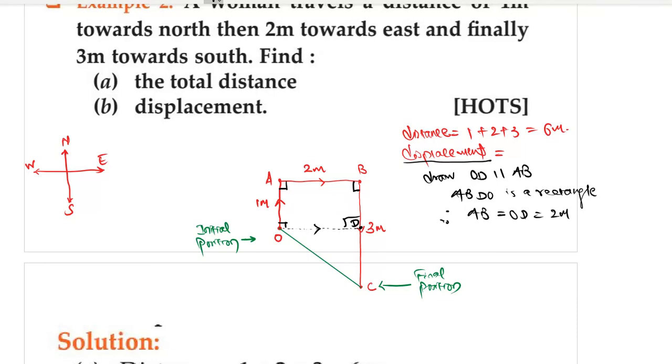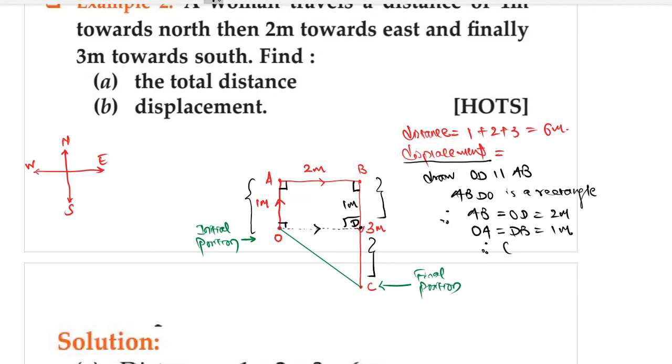Similarly, OA is equal to DB, which is equal to 1 meter. So we know that BD is 1 meter. Can you tell me how much is CD?